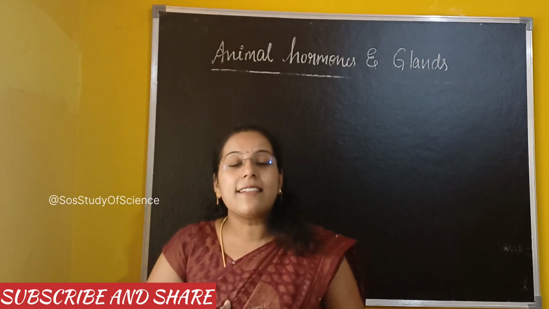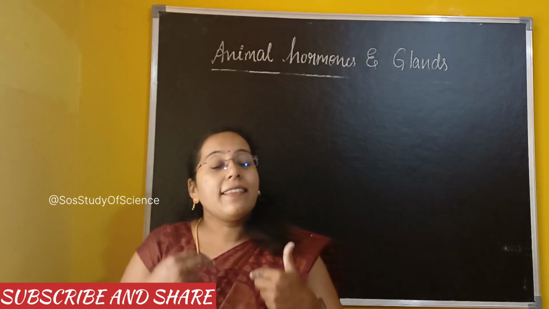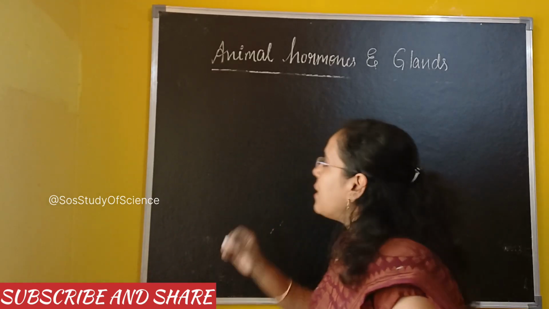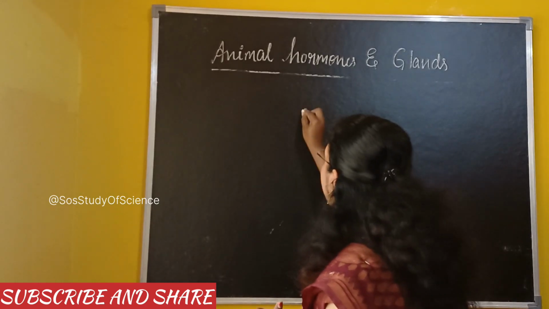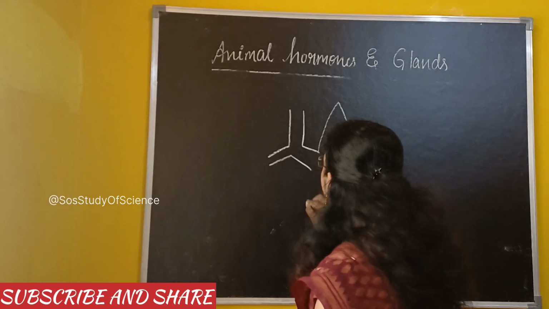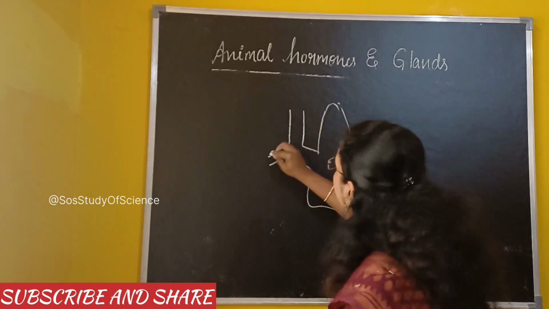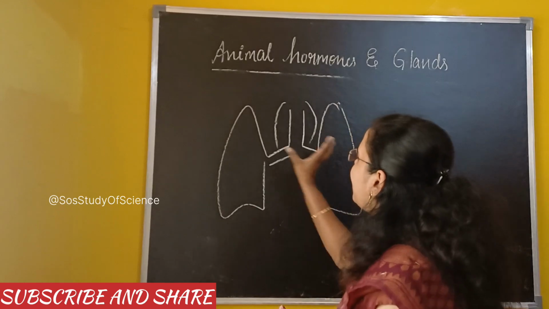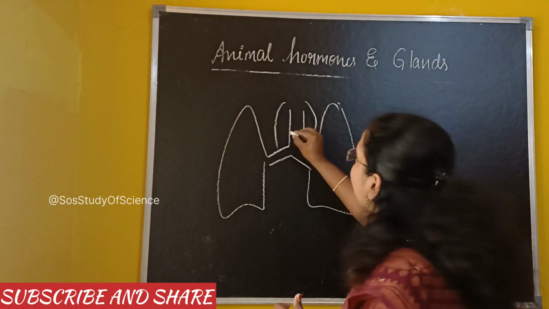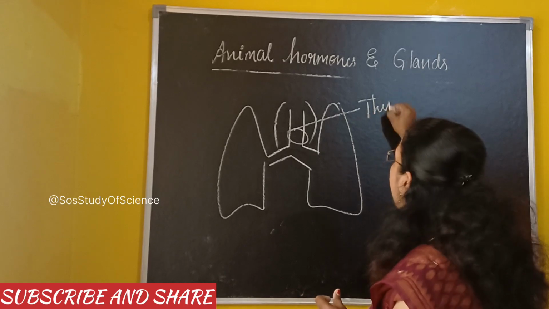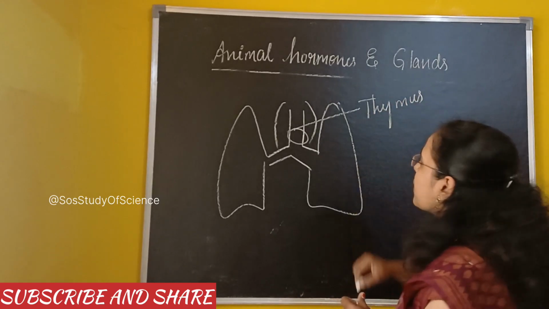But between these lungs there is some gap, and that gap has a gland. I will write a rough sketch of it. These are the lungs. Between them, in the chest area, there is a gland located, and that gland is named the thymus gland.